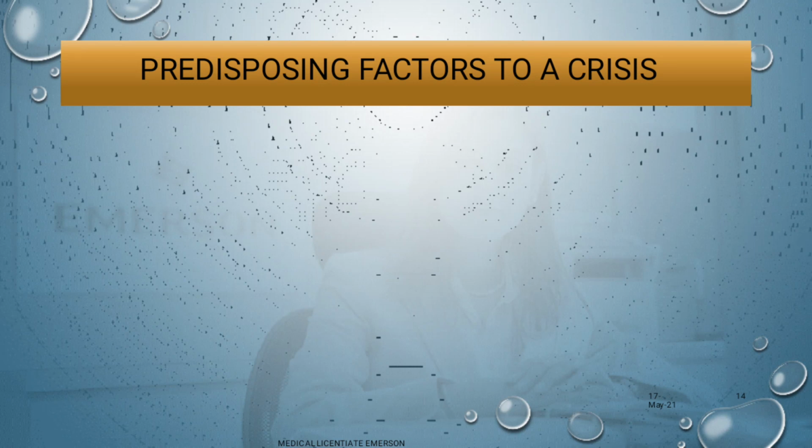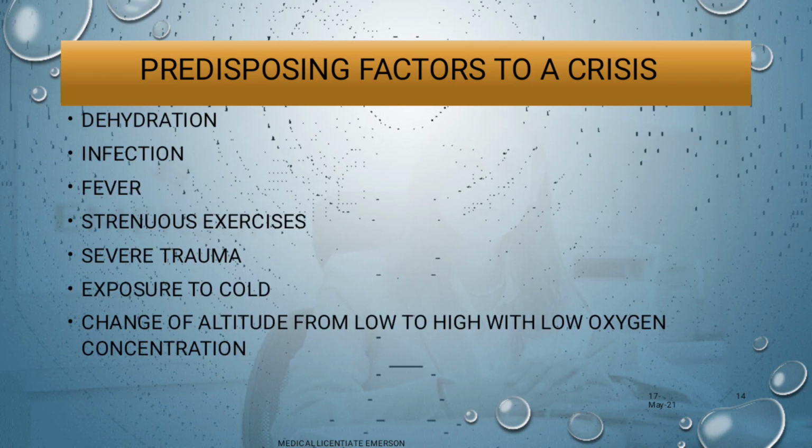Okay, so predisposing factors to a crisis include dehydration, infection, fever, strenuous exercise, severe trauma, exposure to cold, and change of altitude from low to high with low oxygen concentration.